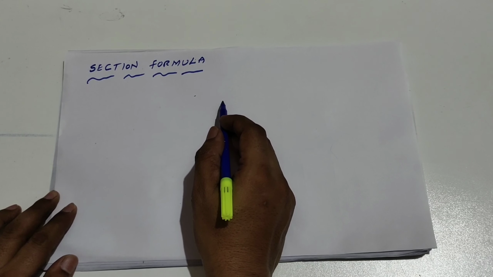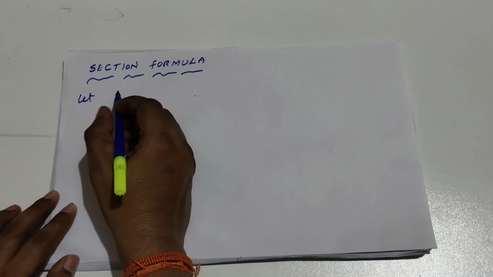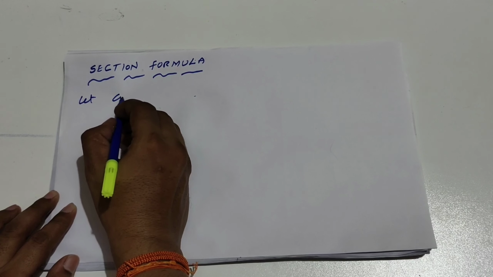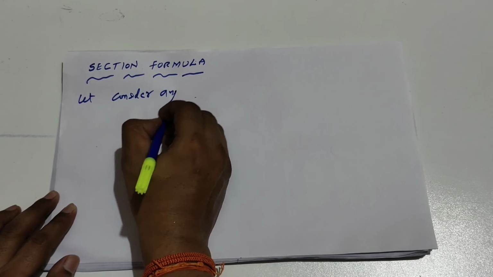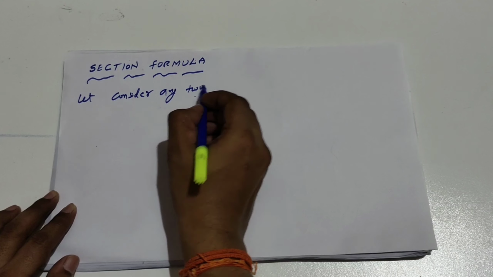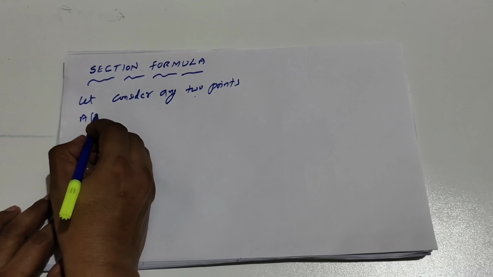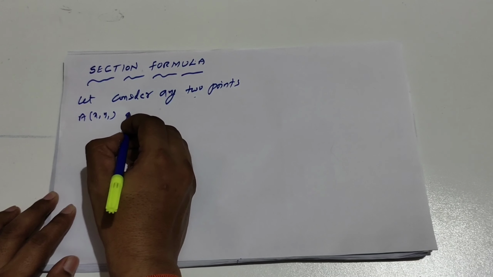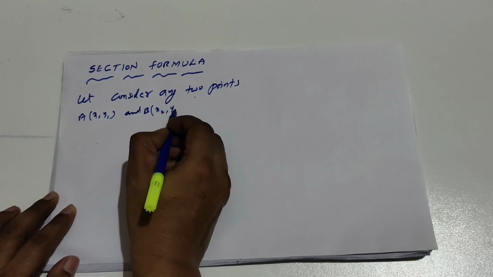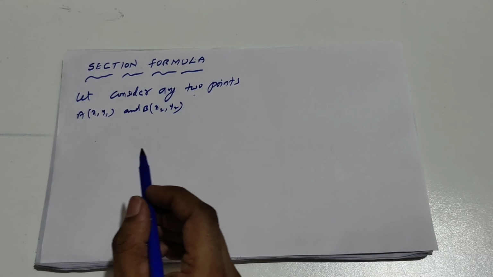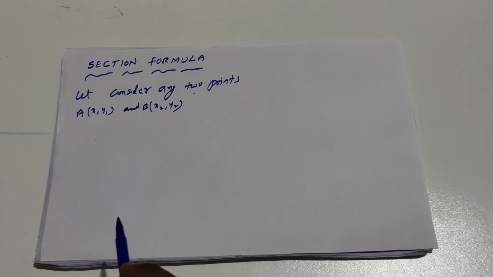So now let us consider any 2 points A (x1, y1) and B (x2, y2) on a plane. So let us consider these 2 points on a plane.